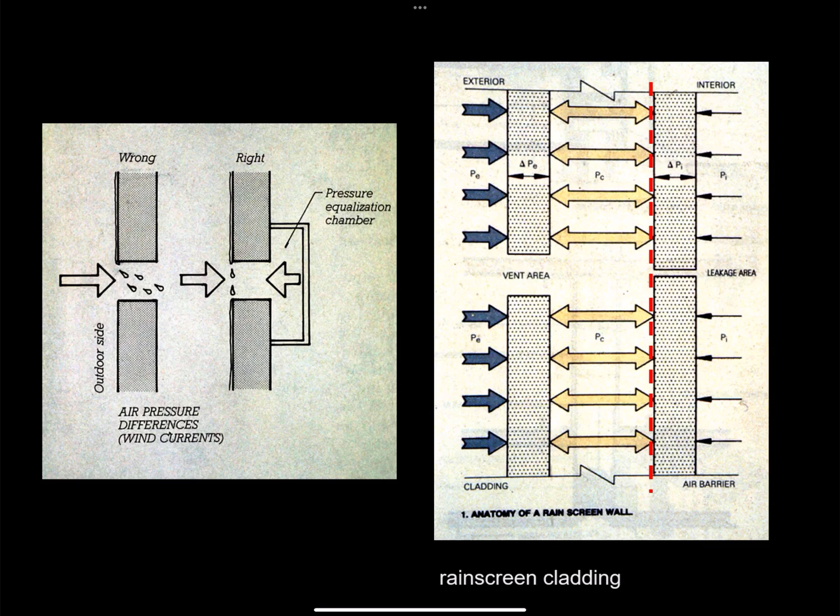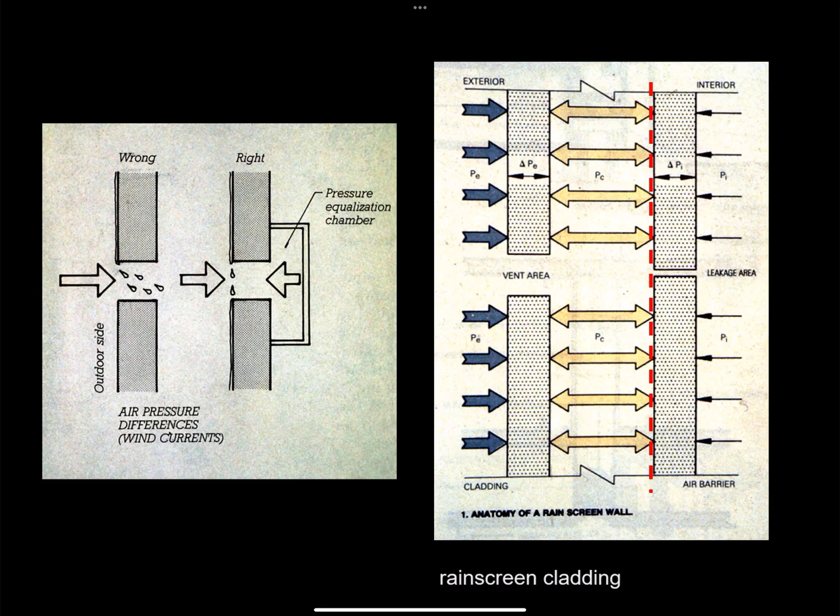This is the outer layer, and this is the rain screen. It is open jointed, so you can see the gap between the cladding panels. And the purpose of the rain screen, as its name implies, is to shed most of the water. So let's say that the rain screen sheds 99% of the water.